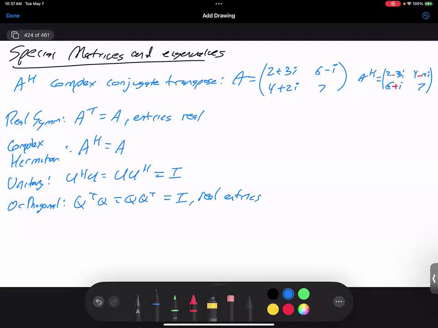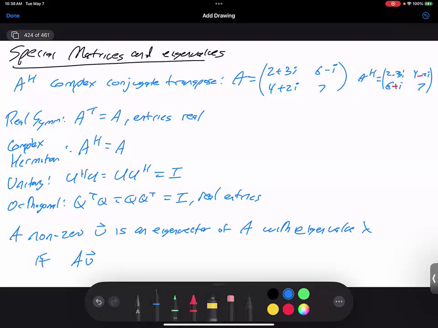And recall, a non-zero v is an eigenvector of A with eigenvalue lambda if Av equals lambda v.